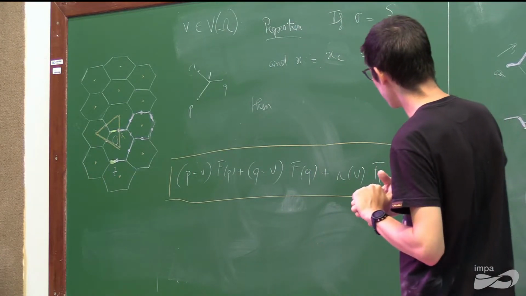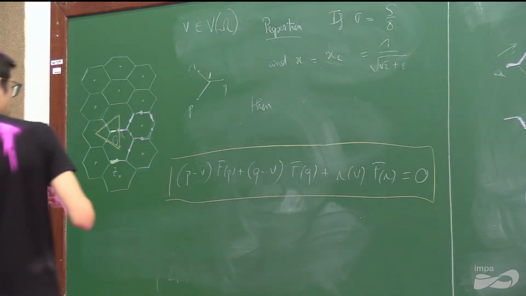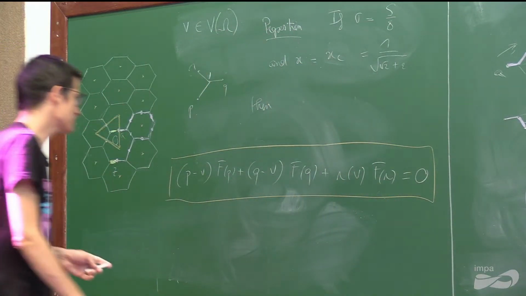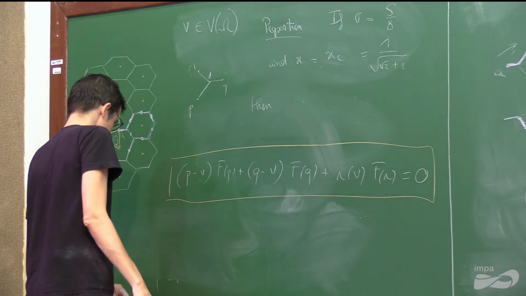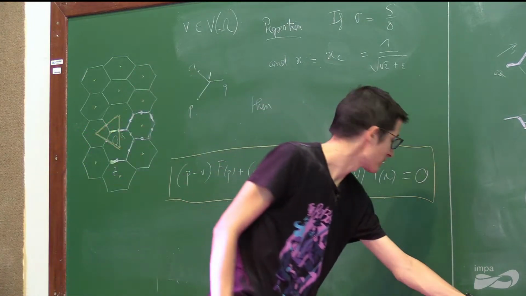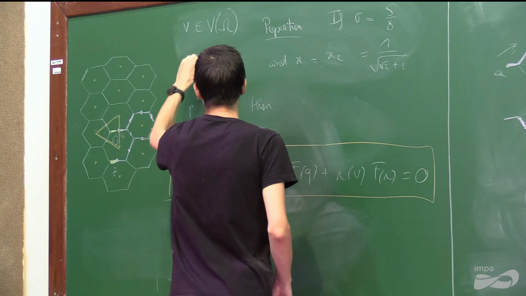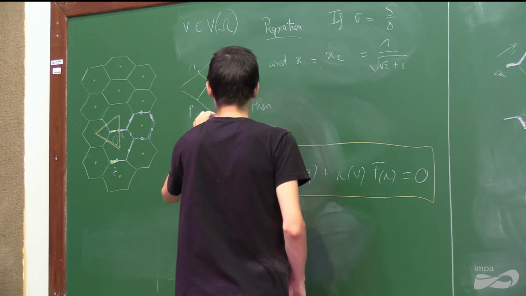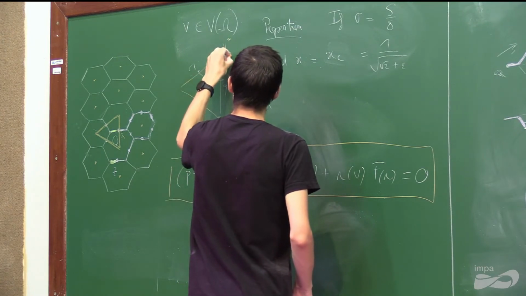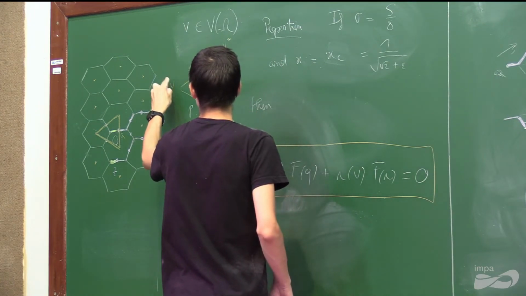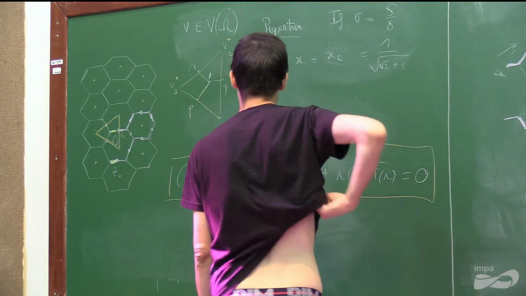Now I can say the following. This is just equivalent to saying, so let me draw this triangle here. I have this dual triangle. So I have V star 1, V star 2, and V star 3.